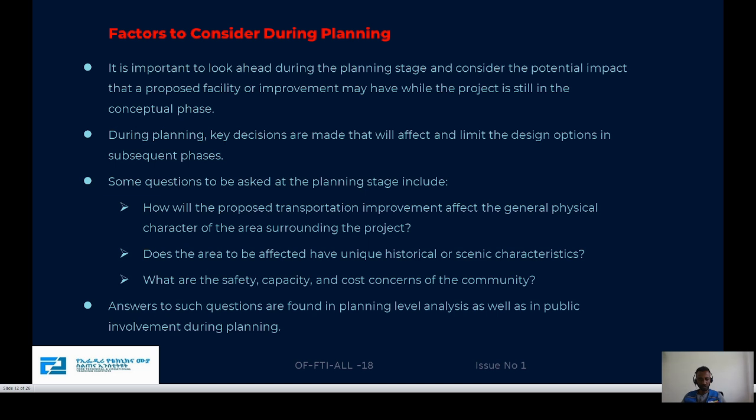Some questions to be asked at the planning stage include: how will the proposed transportation improvement affect the general physical characteristics? Does the area to be affected have a unique historical character? What are the safety, capacity, and concerns of the community?